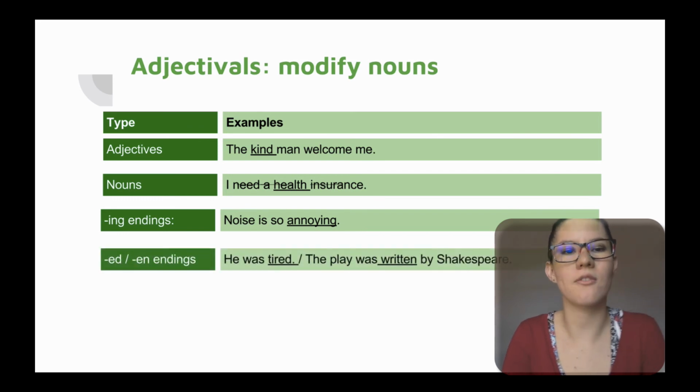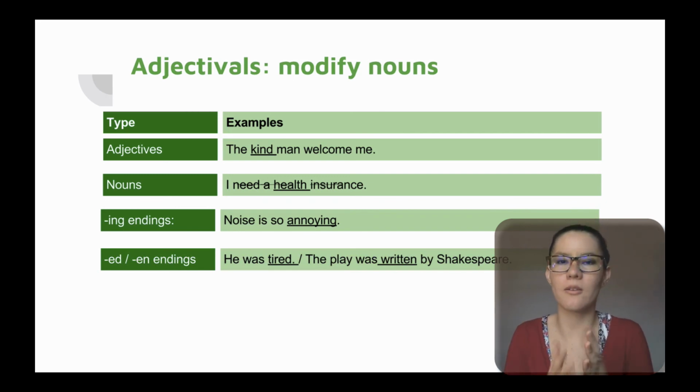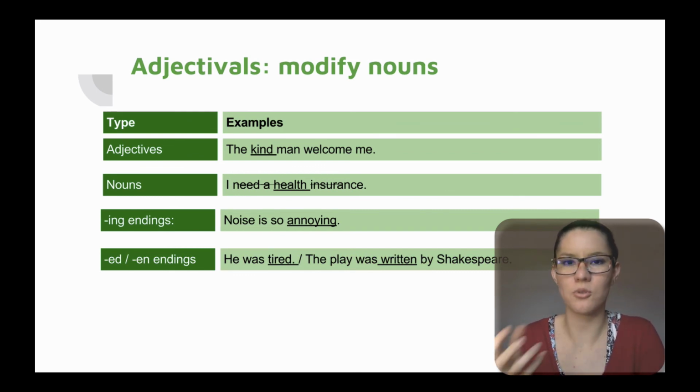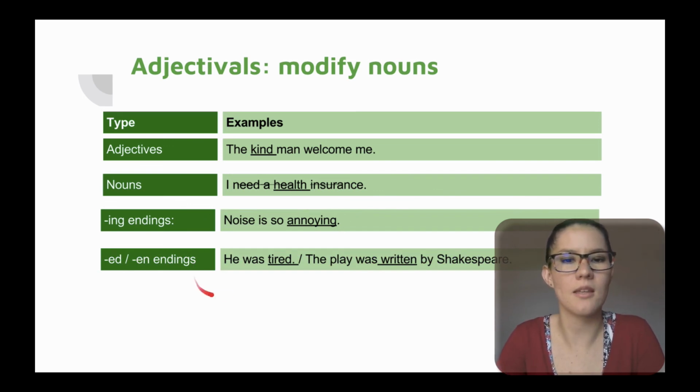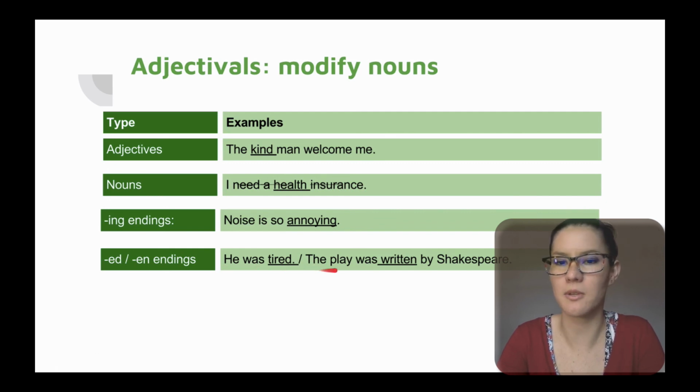But also we have ed or ing ending words that typically work as participles in other contexts, or that have changed and been derived to work as adjectives. As here we can see, he was tired. But in this other sentence, the play was written by Shakespeare.